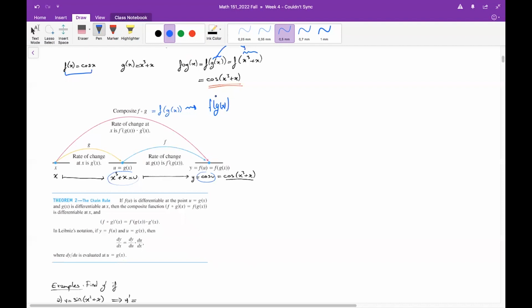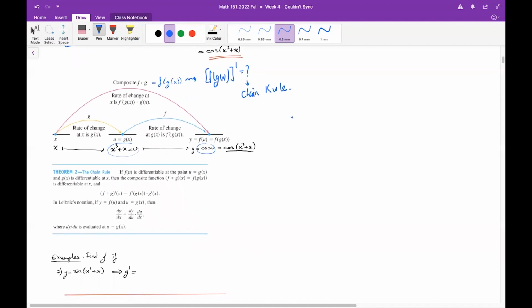So we are trying to understand how to take this derivative, and the answer is given by the chain rule. So look at this diagram, please. The g function takes x and sends it to this image g of x. Let's call this image u, okay?